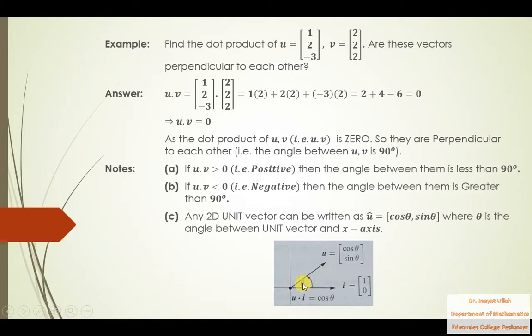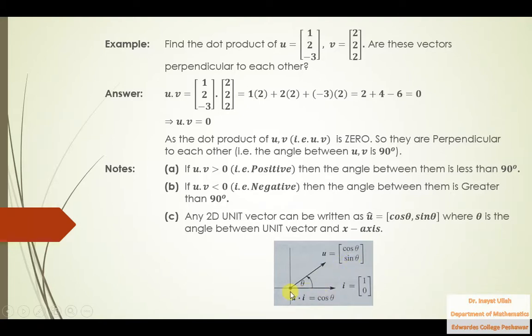For example, if this angle is 30 degrees, this 2D unit vector will be written as cos of 30 degrees, sine of 30 degrees. If this angle is 45 degrees, then this unit vector will be written as cos of 45 degrees, sine of 45 degrees, and so on.